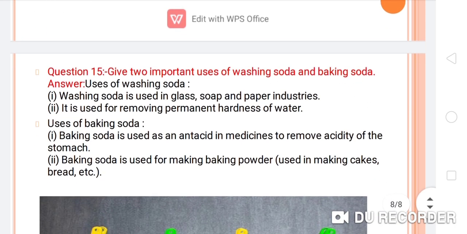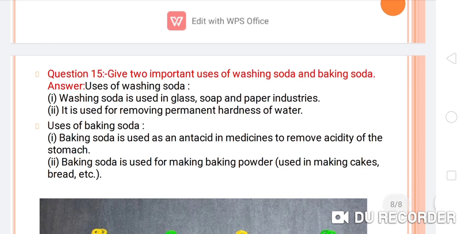And so students, this is the last question: give two important uses of washing soda and baking soda. Washing soda is used in glass, soap and paper industries, and it is used for removing permanent hardness of water.